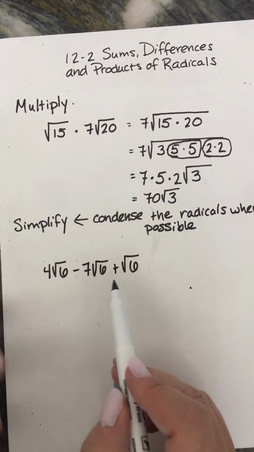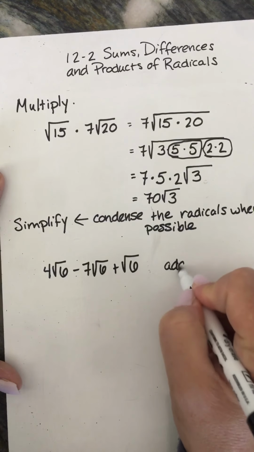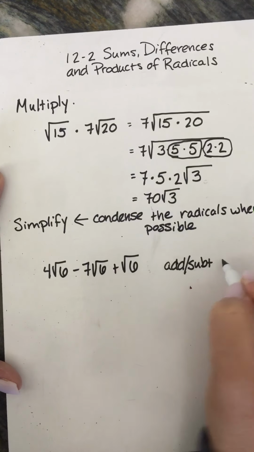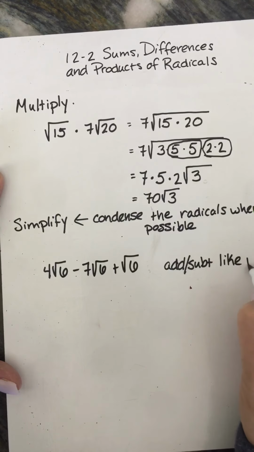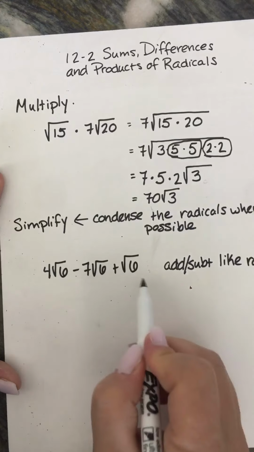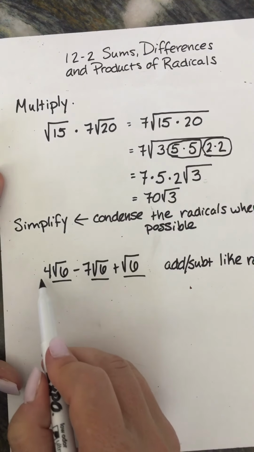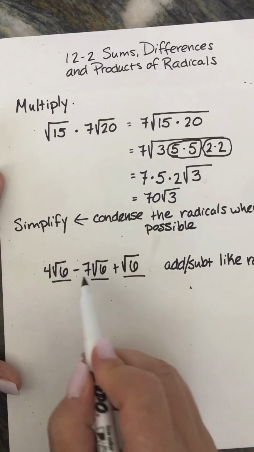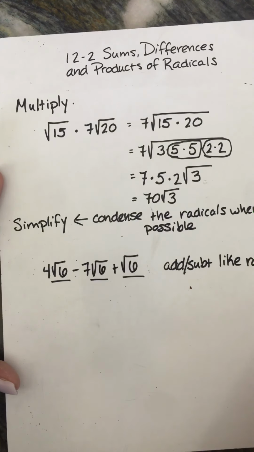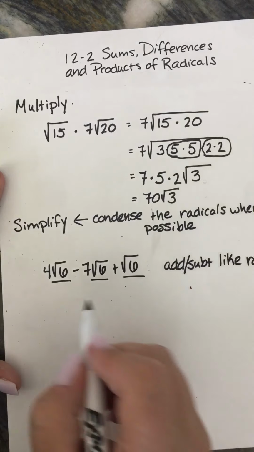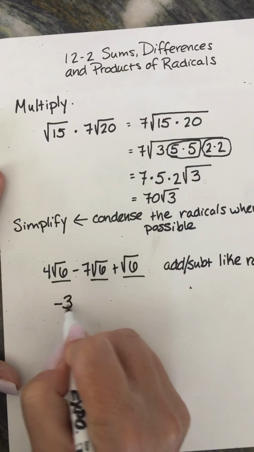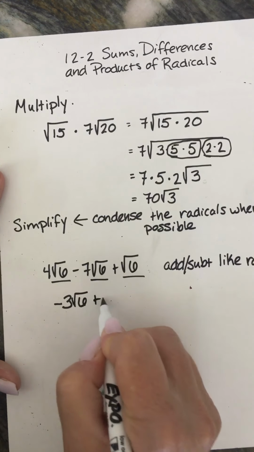When we add and subtract, you can only add and subtract like radicals. These are all like radicals because they have the square root of 6. So we have 4 square roots of 6 minus 7 square roots of 6. How many square roots of 6 is that? That's negative 3 square roots of 6.